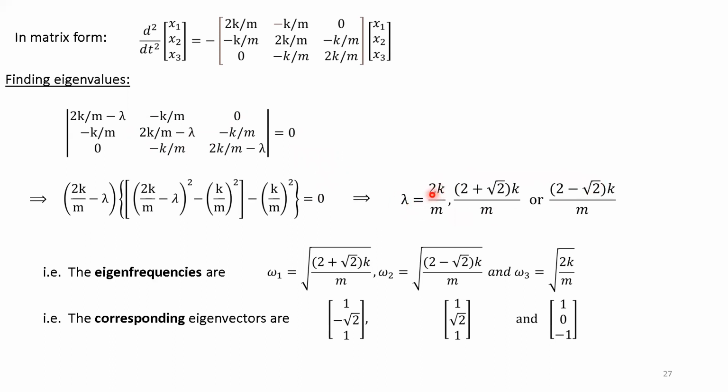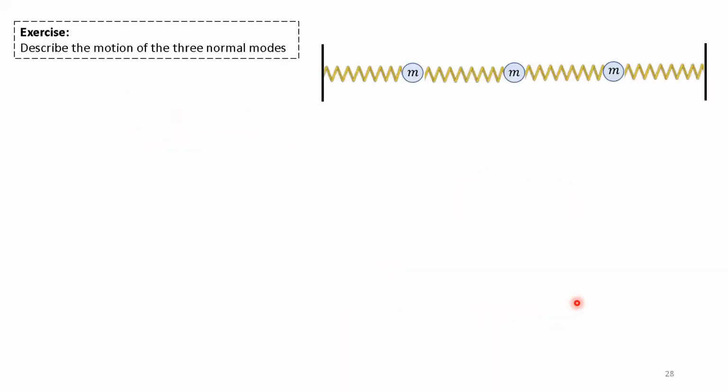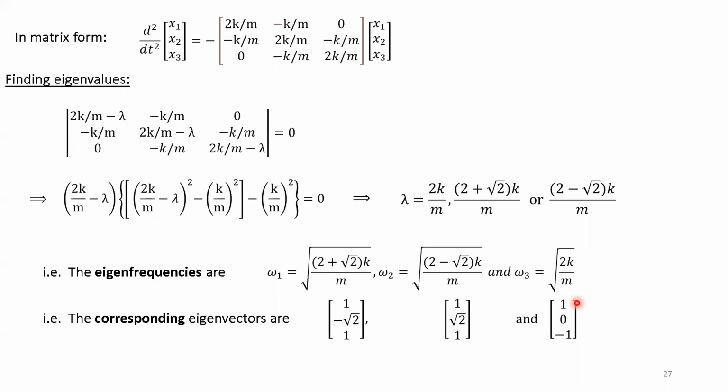There are 3 eigenvalues, and that means there are 3 eigenfrequencies. You also find the corresponding 3 eigenvectors. That means the general solution would be a superposition, or a linear combination, of 3 normal modes instead of just 2.